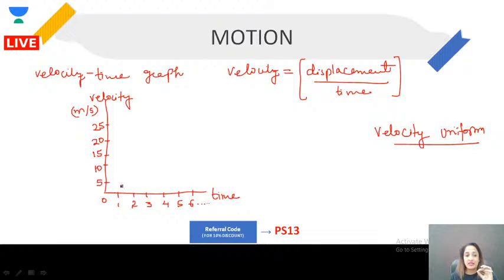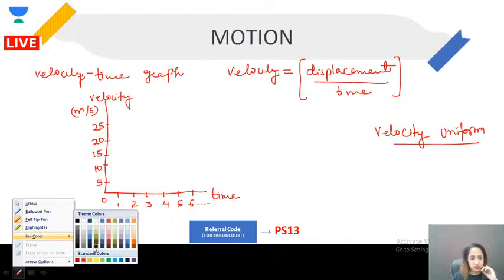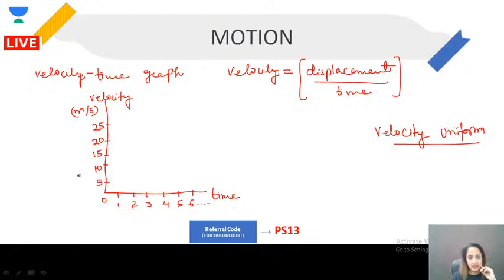And from this graph what do we get? Let me change the color. Let's say we get something like this, this kind of a graph. From this what do we understand? We understand the object is moving with a uniform velocity. So what is uniform velocity?